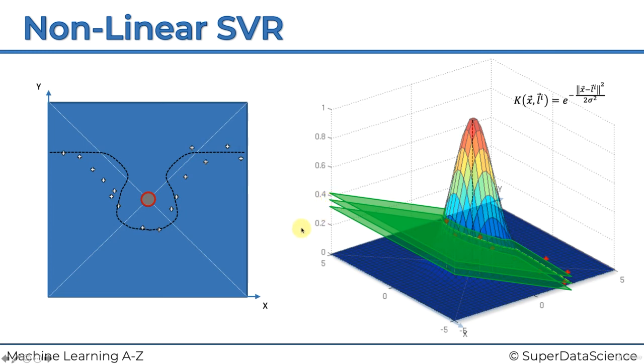Remember how for linear SVR we had just a tube, but now here we have this space in between them. Basically, any points that are in between these 2 outermost hyperplanes, the error for those points will not be considered.